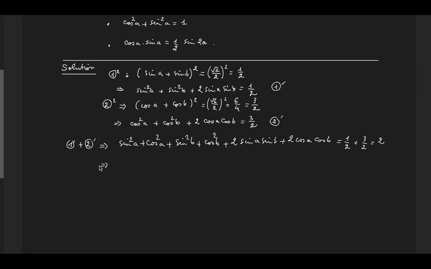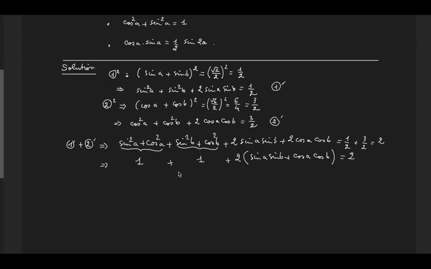Now the first two members, sine squared a plus cosine squared a, equal 1, and also sine squared b plus cosine squared b equals 1. Then we factor the 2, which gives us 2 times sine a sine b plus cosine a cosine b, all equal to 2.